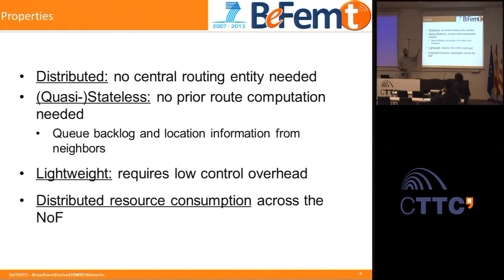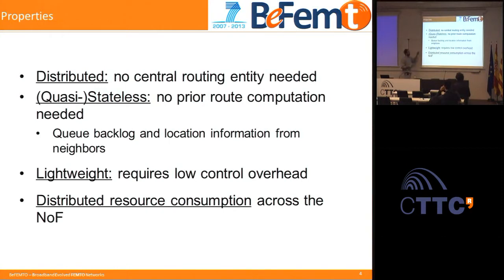We want it also to be almost stateless, or as stateless as possible. This has to do with the local decisions, because if we went for a conventional routing protocol in a regular mesh network that gets all the link states of the network and then calculates the route, you're sending a lot of control overhead over the all-wireless backhaul, and we don't want that.